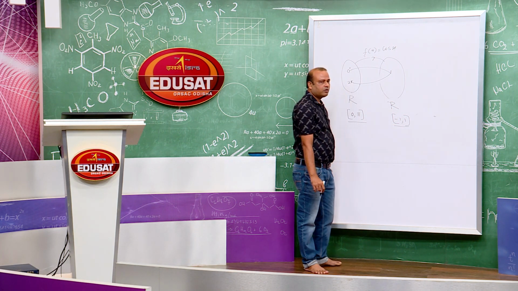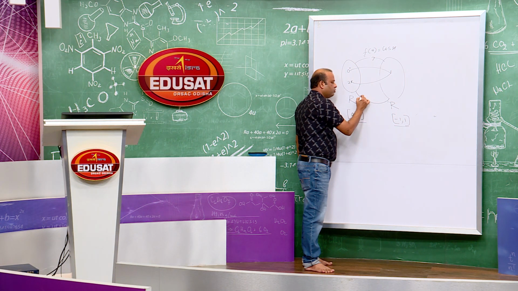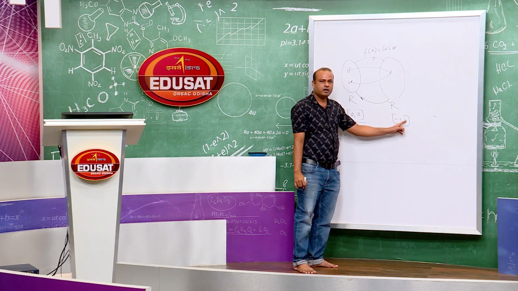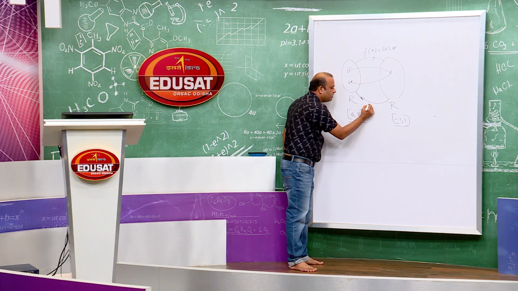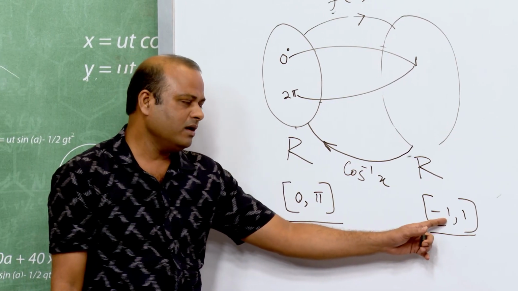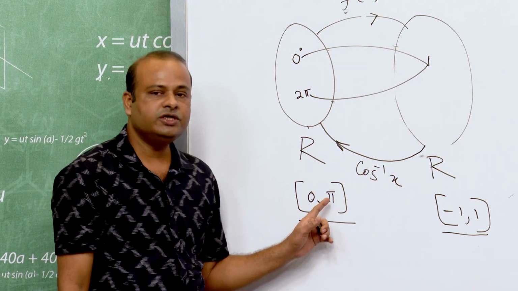Hence, cos inverse x exists and its domain is the closed interval of minus 1 to 1 and its range is 0 to pi. You can see on your screen that cos inverse x has domain minus 1 to 1 closed interval and range 0 to pi.